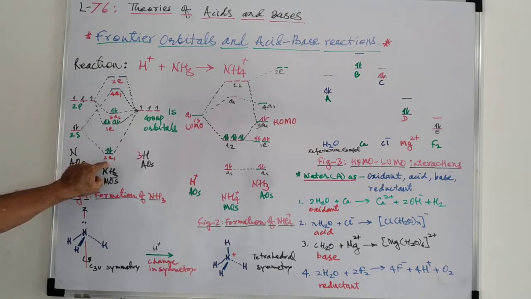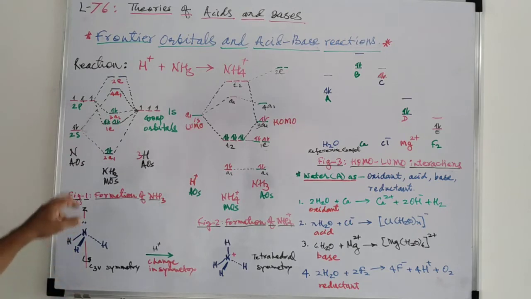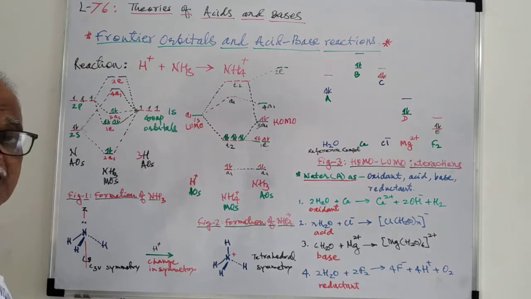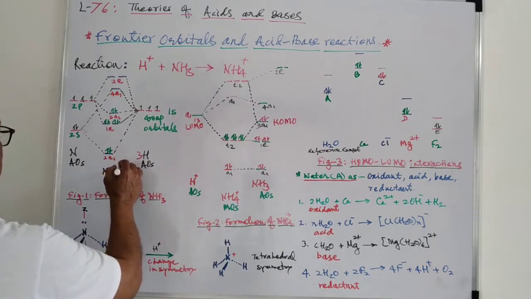This 2 represents the second, the 2s orbital, and it has A1 symmetry. So this molecular orbital has A1 symmetry. So these are giving the sigma bonding or A1 symmetry orbitals.